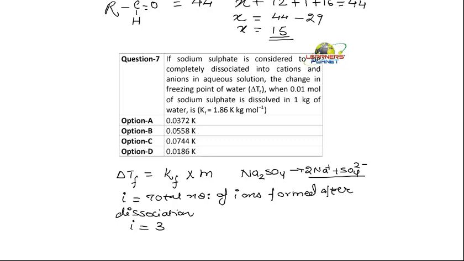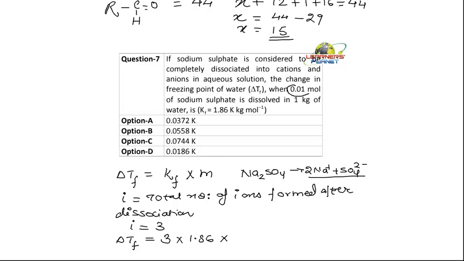Right, now in this case let's find out the delta TF, and it is equal to i times KF times molality. Now i is 3. What is KF? 1.86, multiplied by the molality.